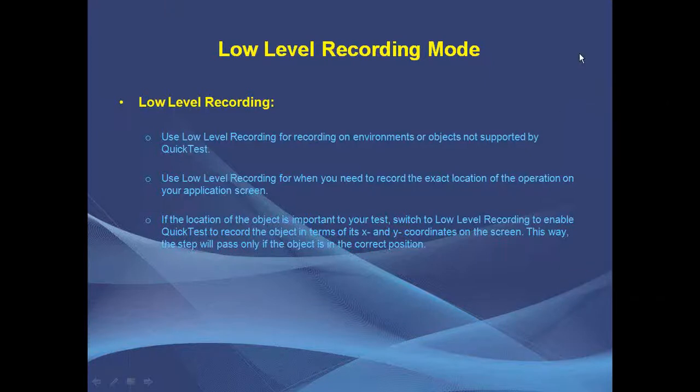So if you are using low level recording, the object should be in the same position. Otherwise QTP cannot identify that object in the application, because we are recording based on the x and y coordinates. After some time, if the location of the object changes, QTP cannot identify that object. So we have to be very careful while using low level recording mode.